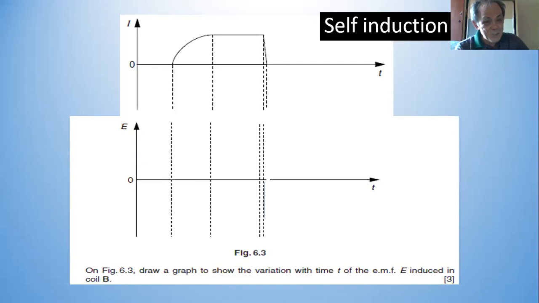First, the current starts to increase very fast to the maximum value. So when current increases, the magnetic field starts to change, so the flux will cut the wire itself. There will be an induced EMF to oppose the direct current.